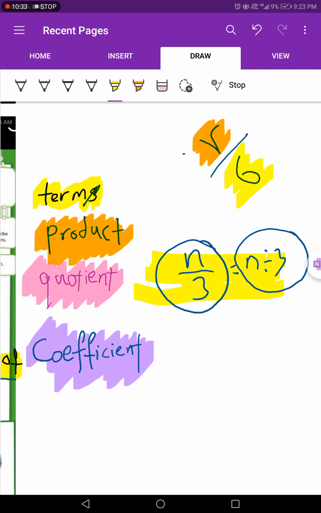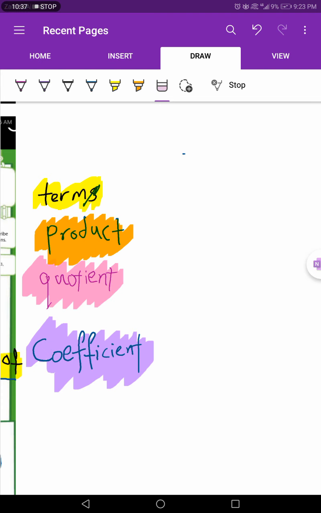Now the coefficient. For example, let's take 12m. We call the 12 the coefficient. So the number in front of the letter is called the coefficient. Take another example, 1 over 2 x.